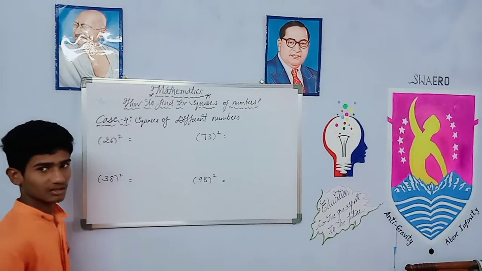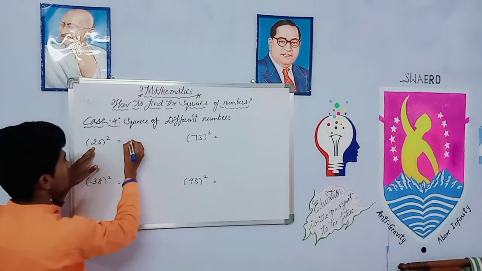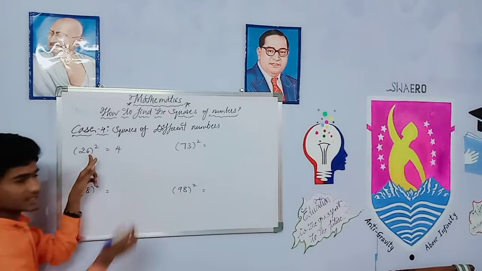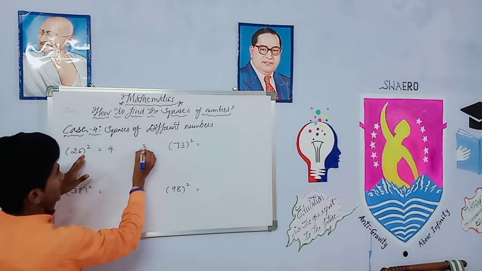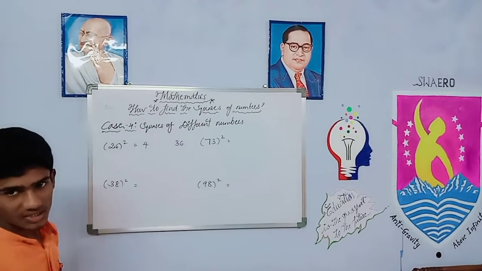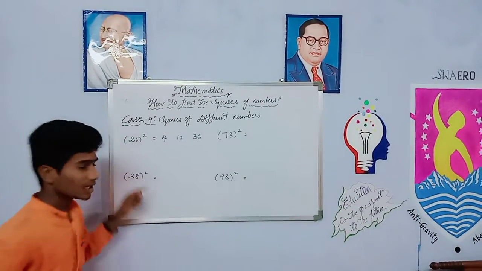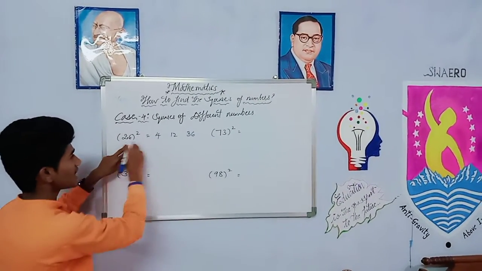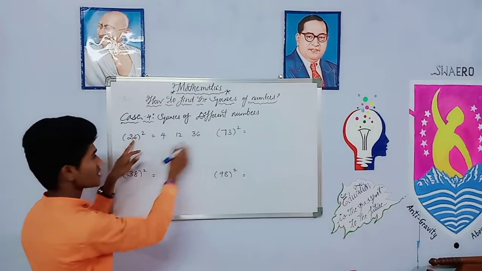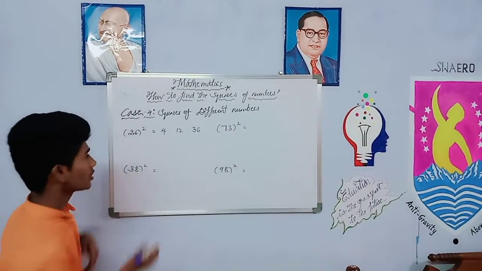26 square is there. Okay, how to square it? The first digit, 2 square equal to 4, and the last, 6 square equal to 36. In the middle you have to multiply both digits: 2 times 6 is 12.